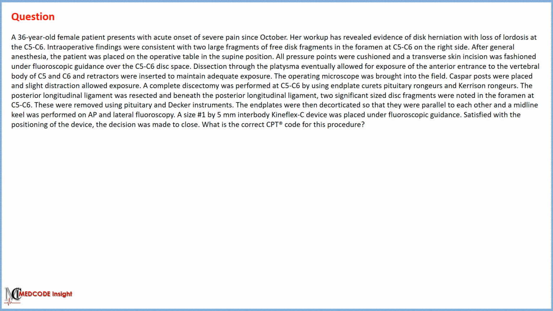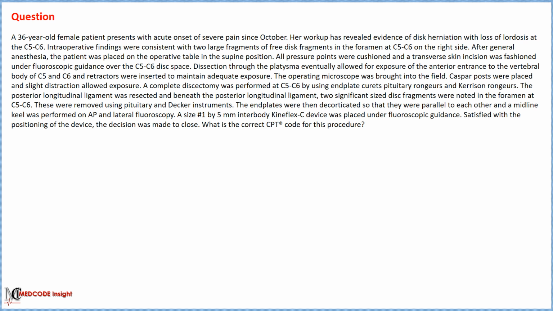These were removed using pituitary and Dacron instruments. The end plates were then decorticated so that they were parallel to each other, and a midline keel was performed on anterior, posterior, and lateral fluoroscopy. A size 1 by 5 mm interbody device was placed under fluoroscopic guidance. Satisfied with the positioning of the device, the decision was made to close.